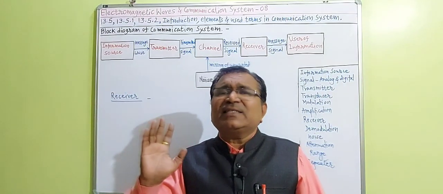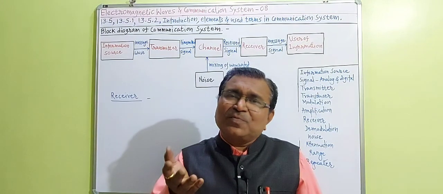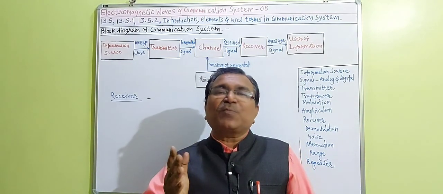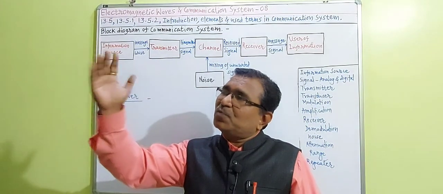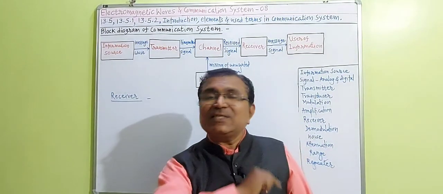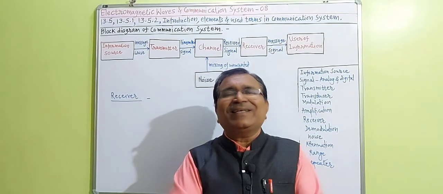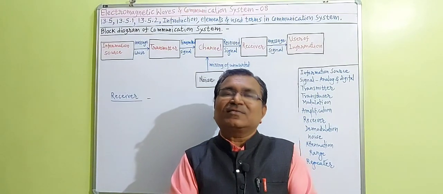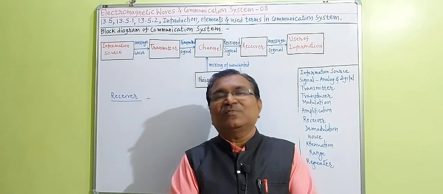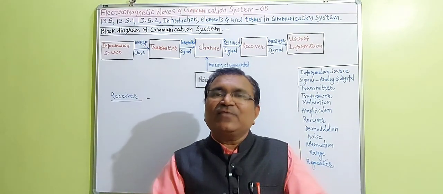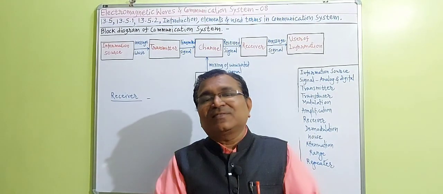Because those electrical signals are the modified form that we made for satisfactory propagation from transmitter to receiver. But we don't want electrical signals, we want sound waves to hear. We want light waves to observe the video.